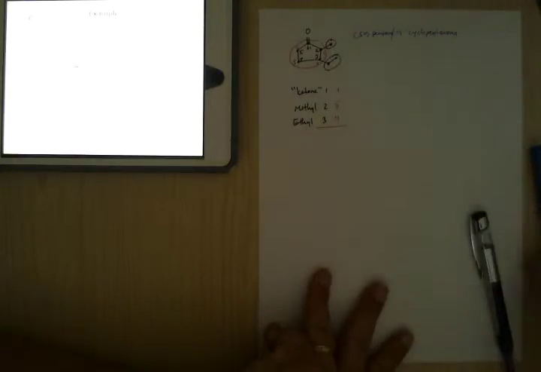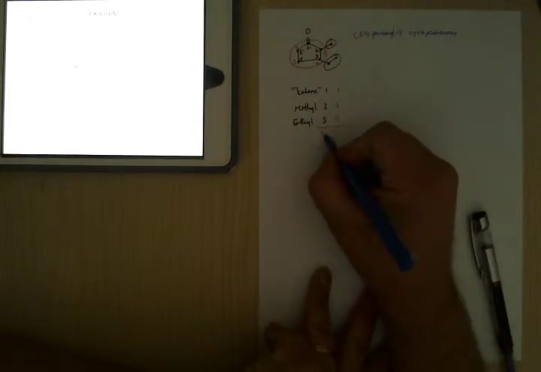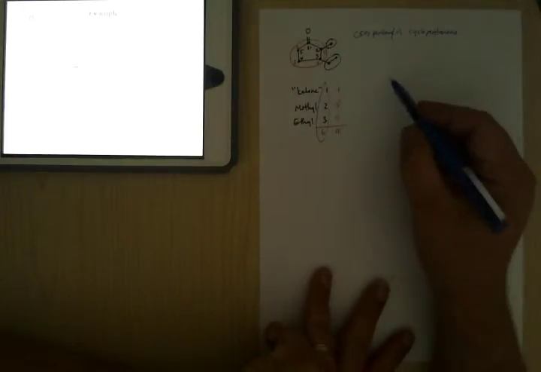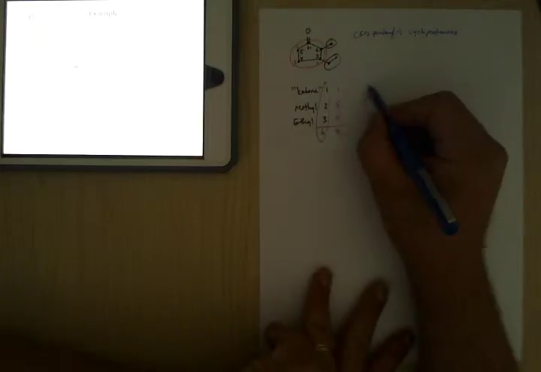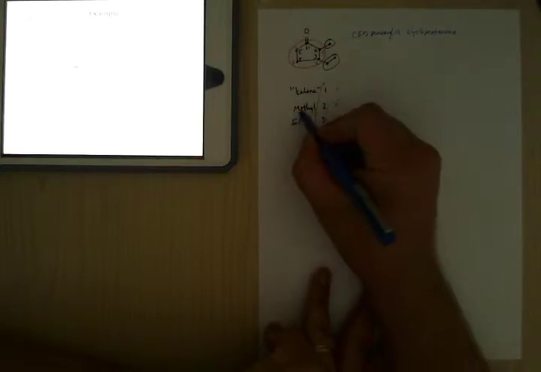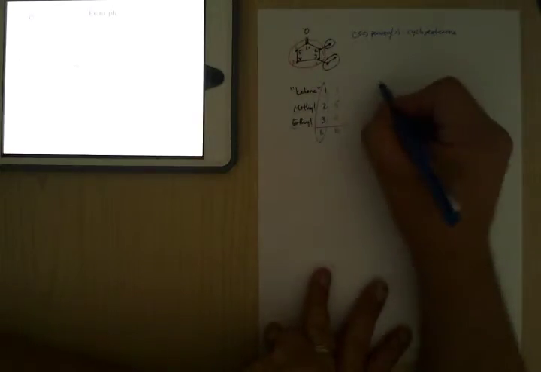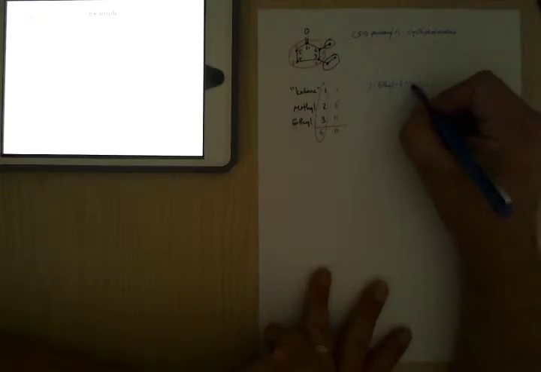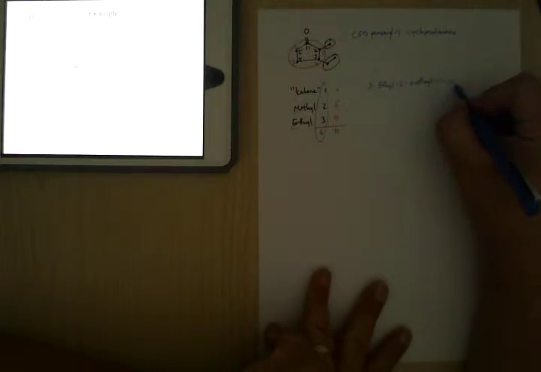So you add them up: it'd be 6 versus 10. So we take those numbers. Which comes first, ethyl or methyl? Ethyl comes first, so it'd be 3-ethyl, 2-methyl, 1-cyclopentanone.